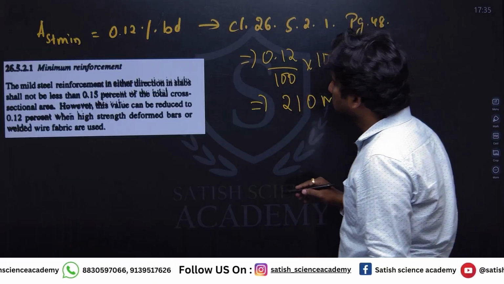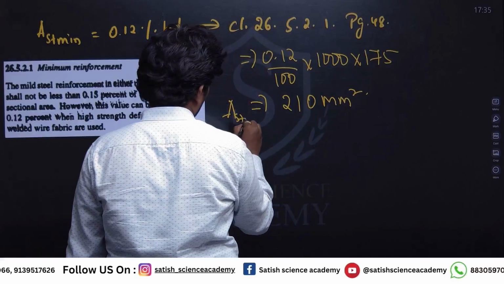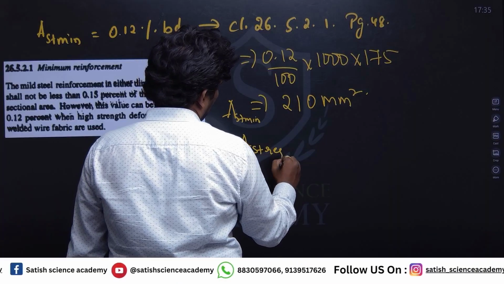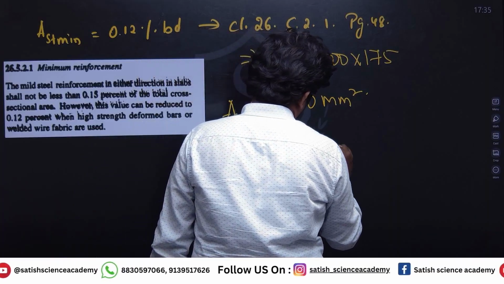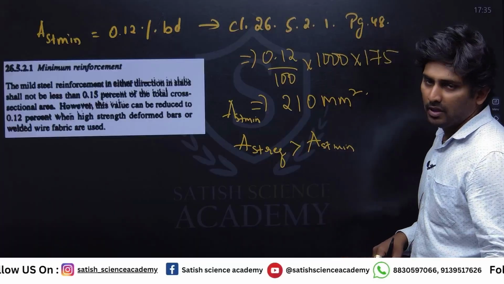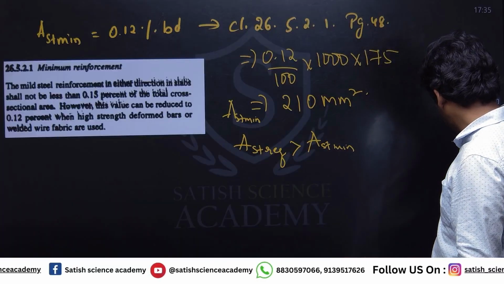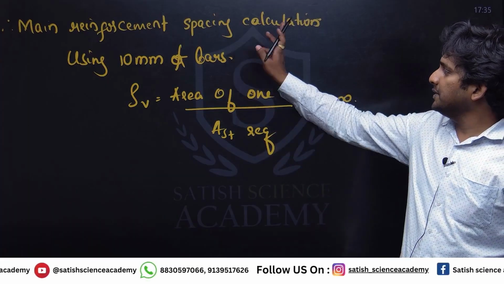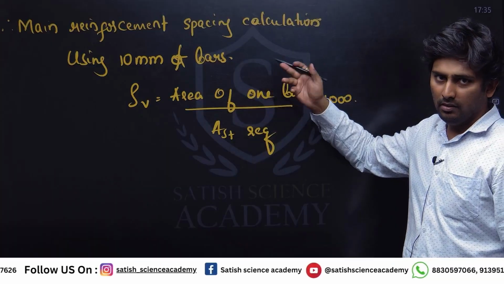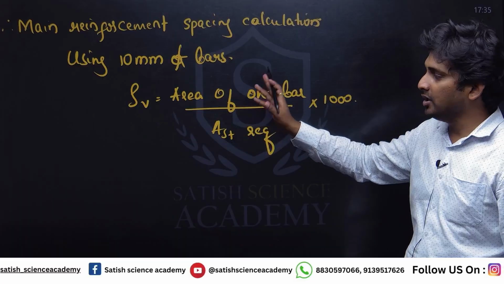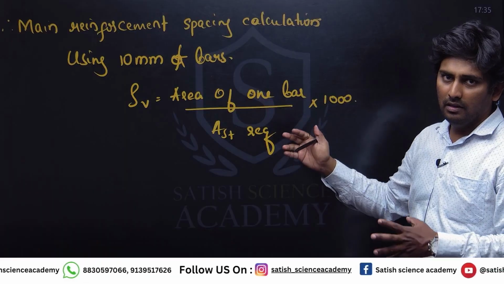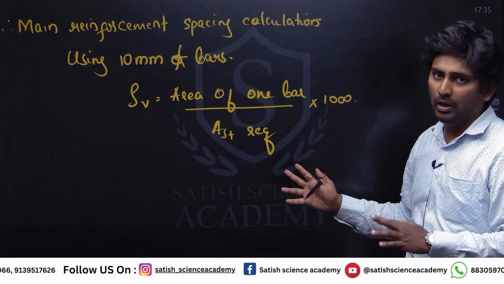Okay. So Ast required is greater than Ast minimum. So now you will be calculating the spacing of the bars. For main reinforcement spacing calculation, using 10 mm bars, we will provide 10 mm bars. You can provide 8 or any as per your requirement. Make sure that the reinforcement you are providing has a spacing in the range of 150 to 200.